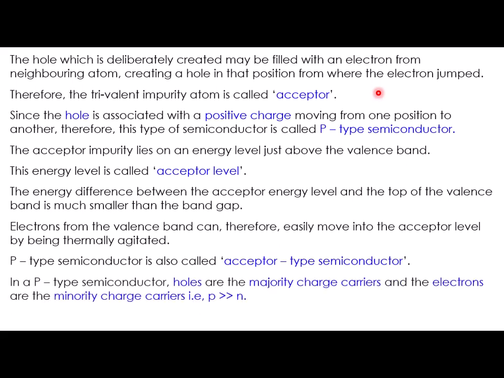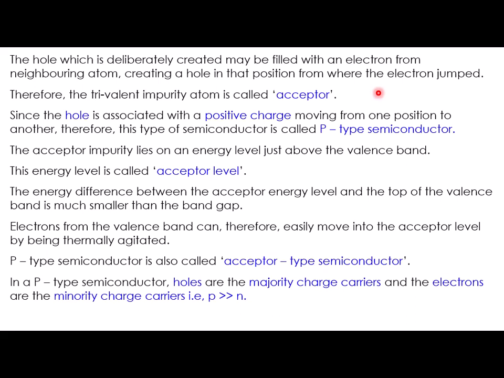Now, since in a p-type semiconductor holes are generated due to both acceptor impurity and thermal agitation, or the intrinsic region, the number of holes is always greater than the number of electrons. If you increase the concentration of acceptor impurity, the conductivity of the semiconductor will also increase, since the number of holes will increase.